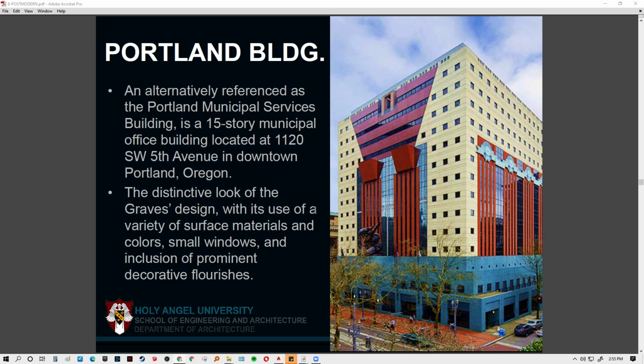So he's basically dividing each surface into different sections and giving them different colors, which will make each of these surfaces distinct.